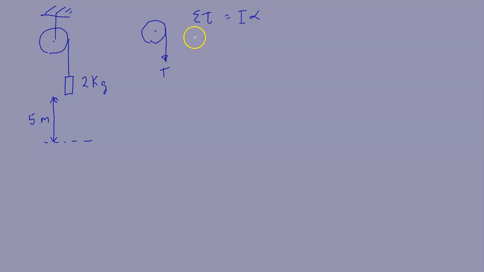So we can say T times R is equal to, this is a cylinder. I didn't tell you that, but I am now. 1/2 mr squared times a over r. So cancel one of these, cancel over there, and the force of tension is equal to 1/2 ma. Just like that. All right, that's the torque equation right there.